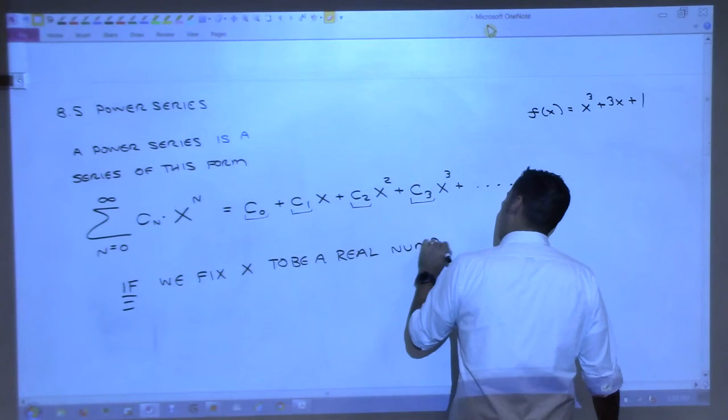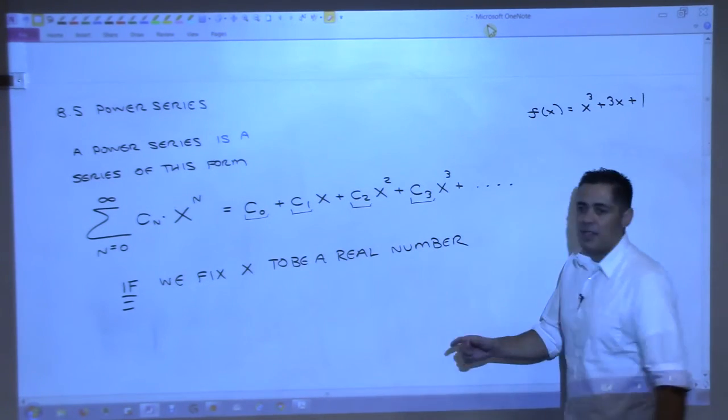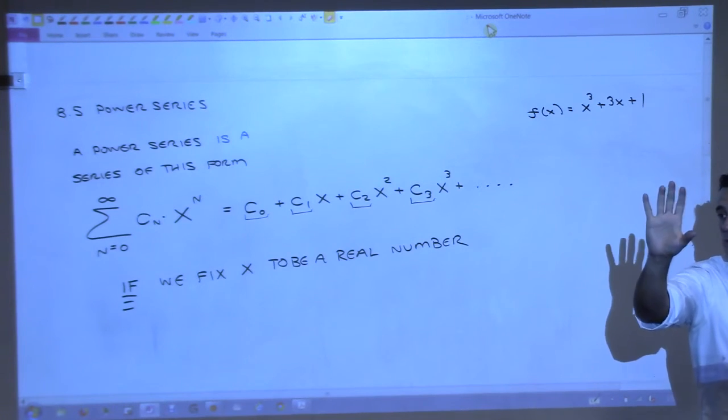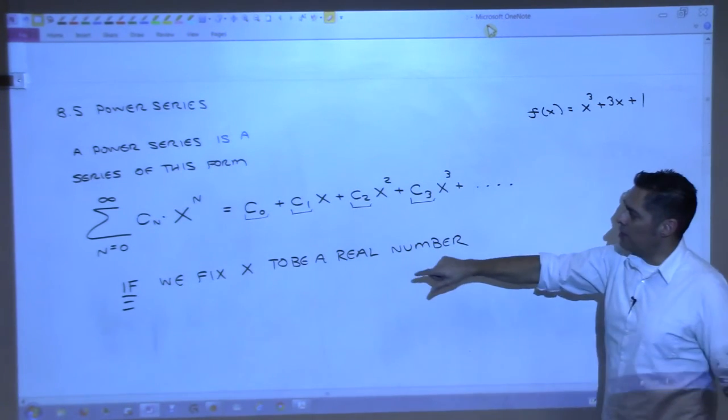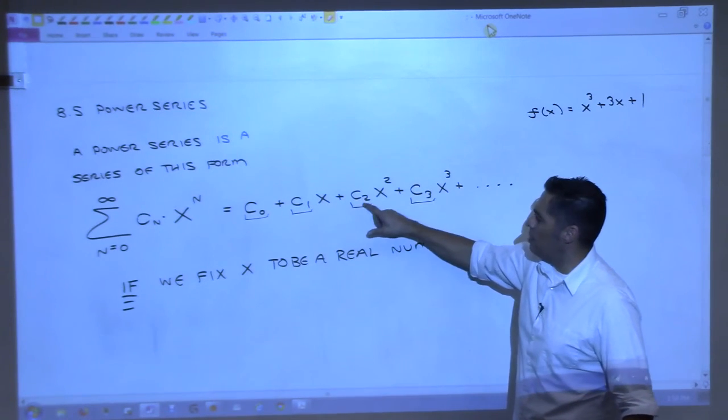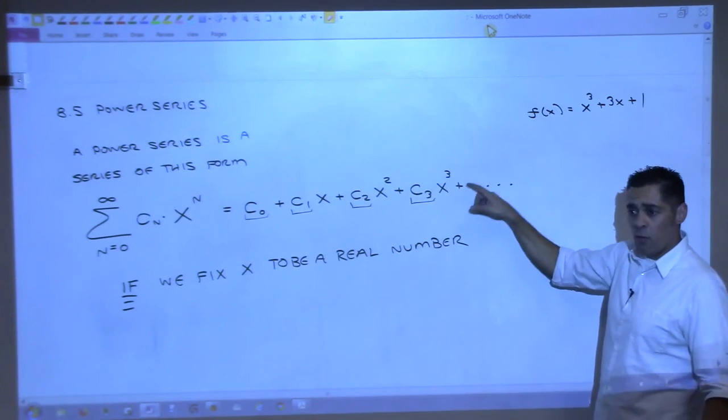So imagine now that I tell you what x is. Imagine that I say, all right, x is 4. Then this is going to be something else in front of 4, something else in front of 4 squared, something else in front of 4 cubed.